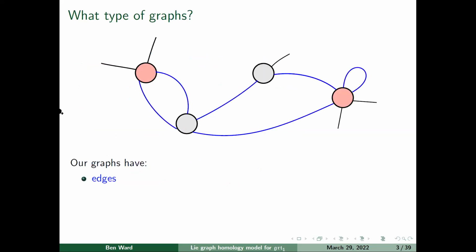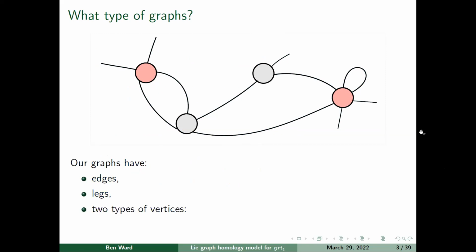So what type of graphs do we consider? And here's a picture. So our graphs have, well, edges, of course. You see we allow parallel edges and loops. Parallel edges and loops, or maybe tadpoles, call those. They have legs, so sort of like edges, but they are only adjacent to one vertex at one point.